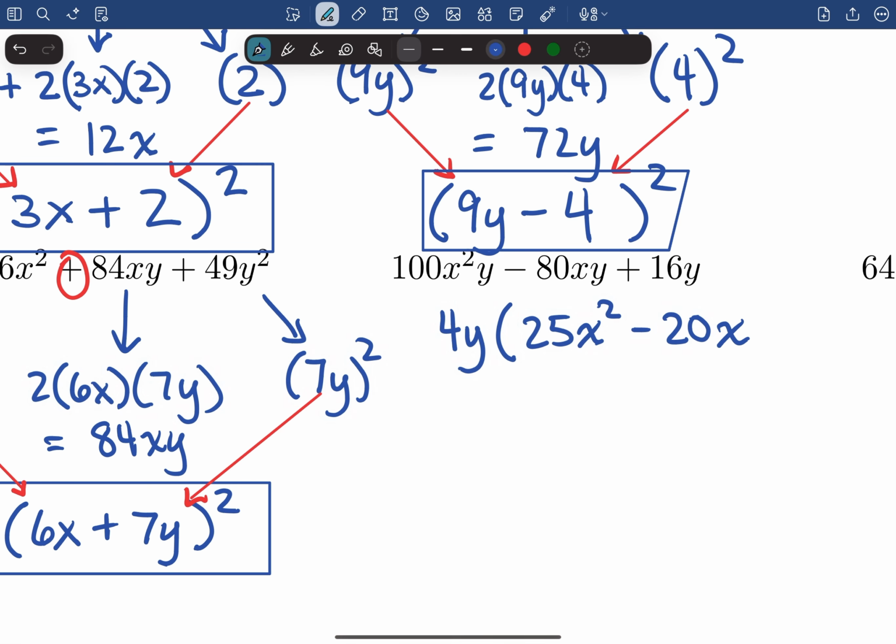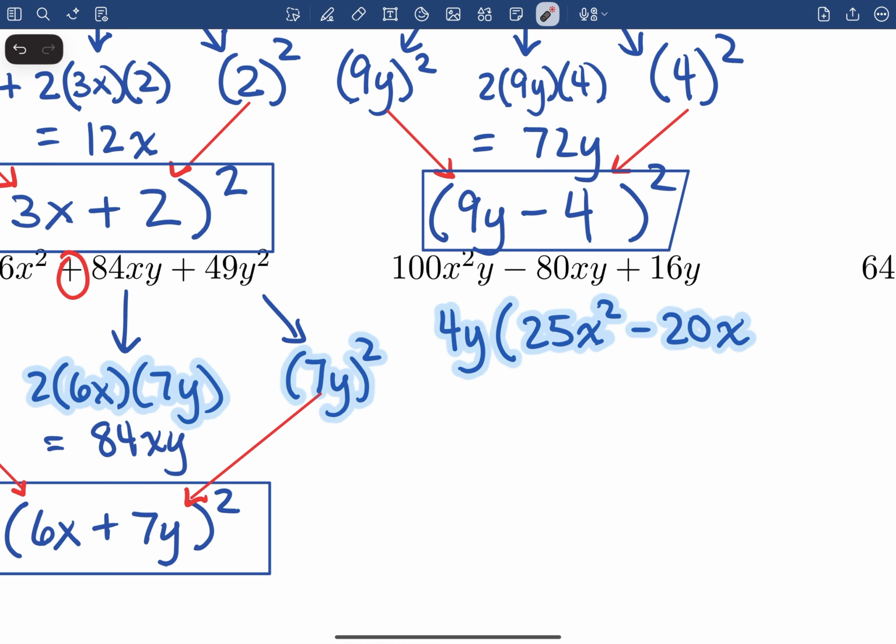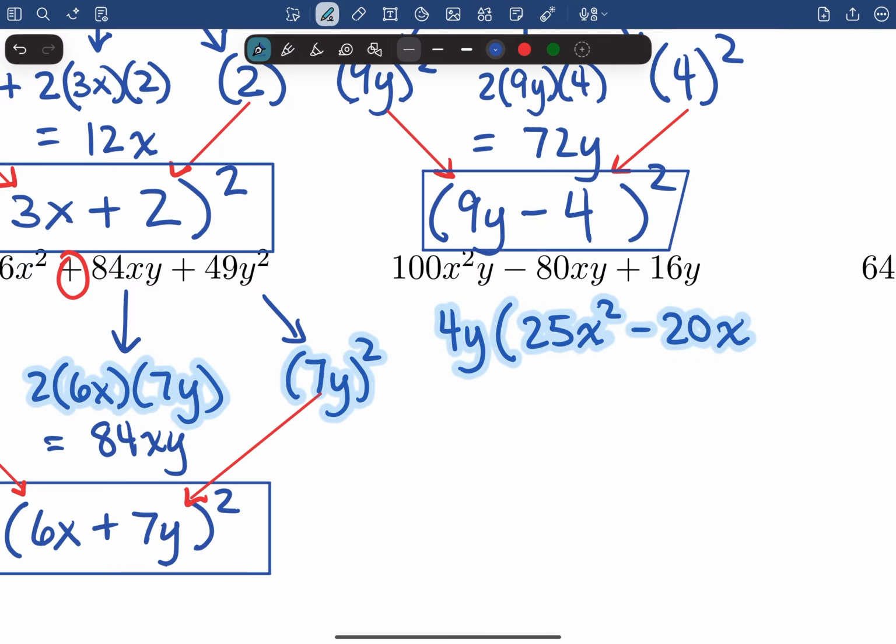There I have the result. And now if I take the third term, positive 16y, and divide it by 4y, then I'm left with, well, 16 divided by 4 is 4, and y divided by y is no y's. So I'm left with this.